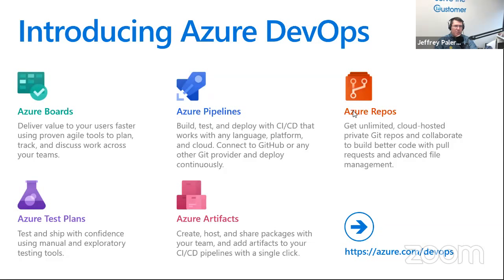But if you think, oh, well, maybe my code is in GitHub, what they've done with VSTS is they've broken up VSTS into five different independent modules. Now they all work really well together because they're all part of the same overall product ecosystem, but they're five different products now. Azure Boards is for tracking work.